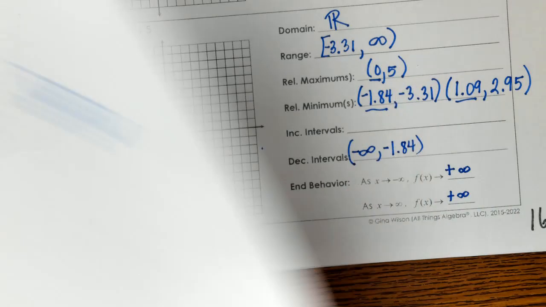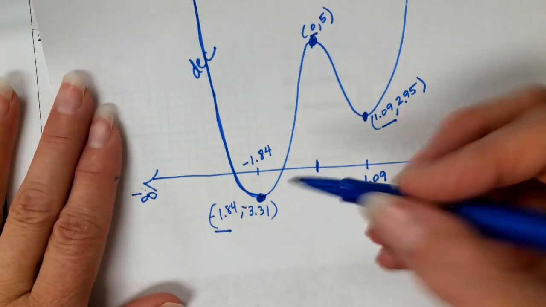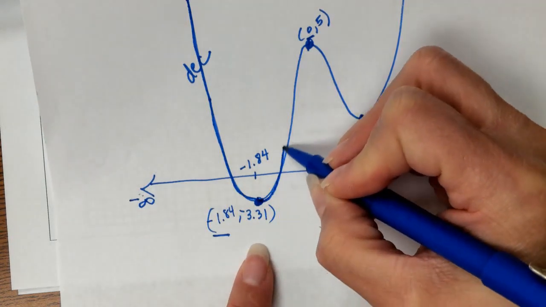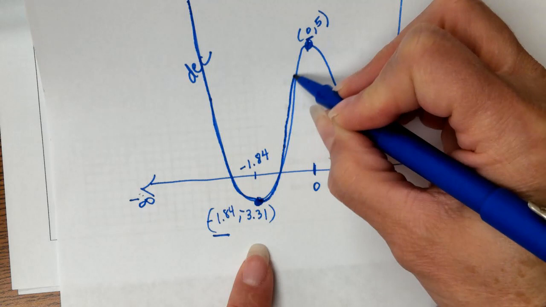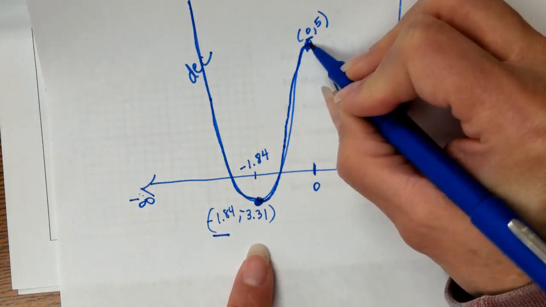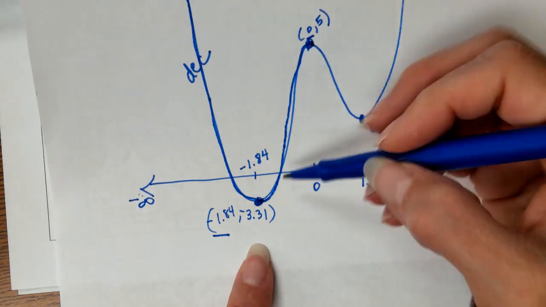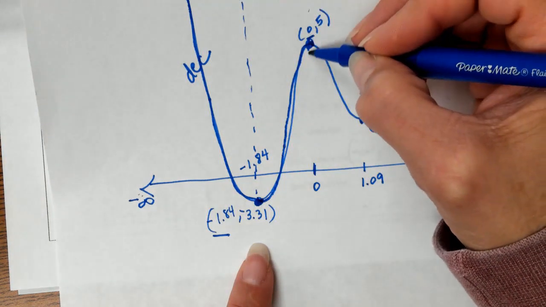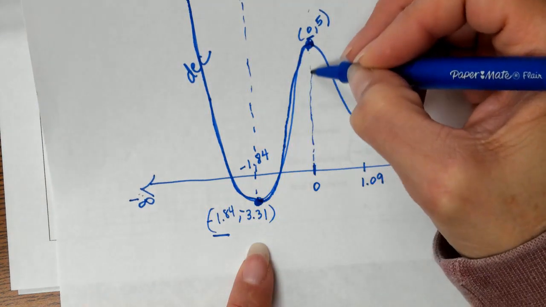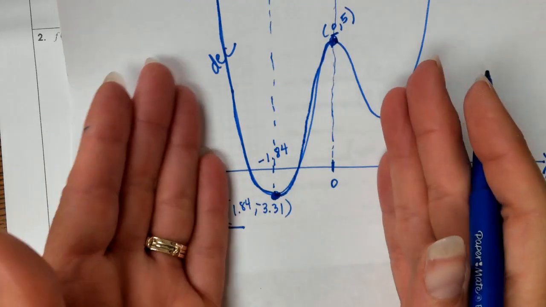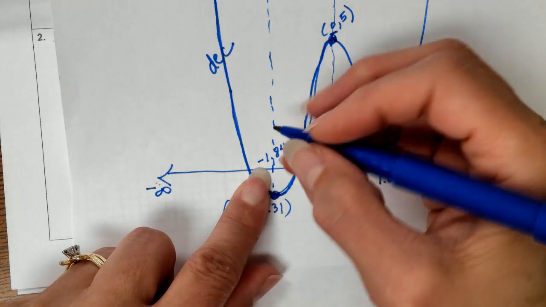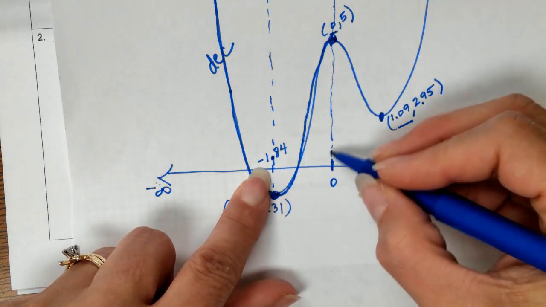Okay. Now we'll move around on the rest of the graph. So looking at this piece, this is increasing. It's moving up, up, up, up, up, up, up until it gets here. So it increased on this section of the graph from here to here, okay, which is from that negative 1.84 to 0.